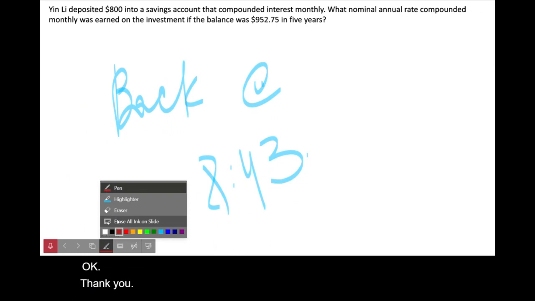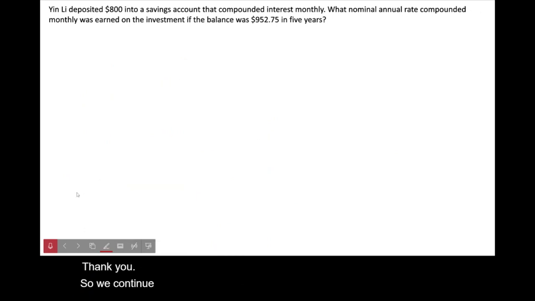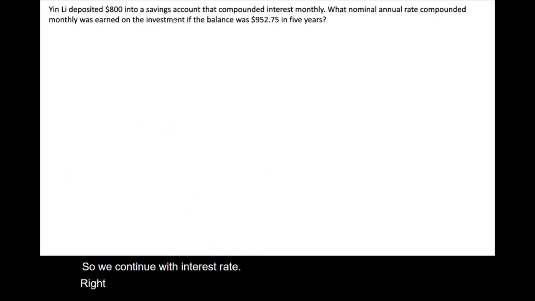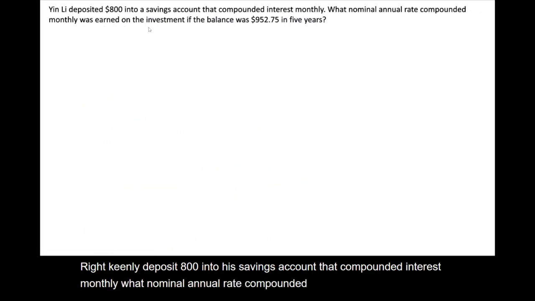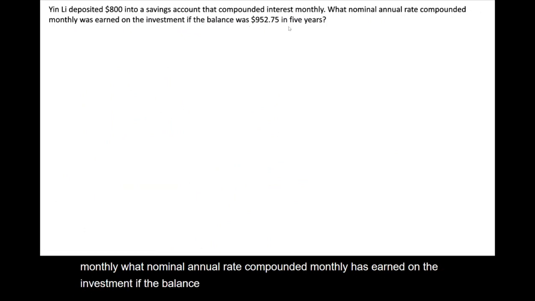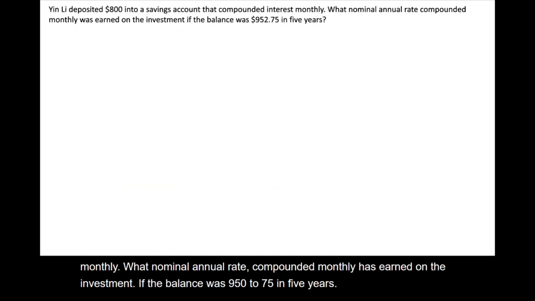So we continue with interest rate, right? Okay, Yinli deposited 800 into a savings account that compounded interest monthly. What nominal annual rate compounded monthly has earned on the investment if the balance was 952.75 in 5 years? Okay, guys, so 1 minute.